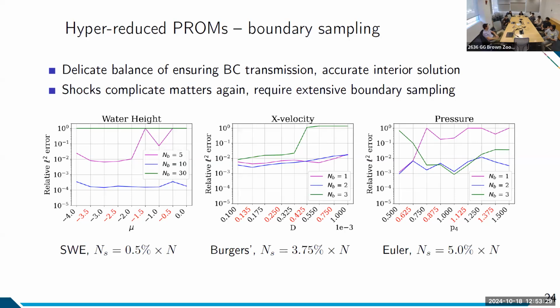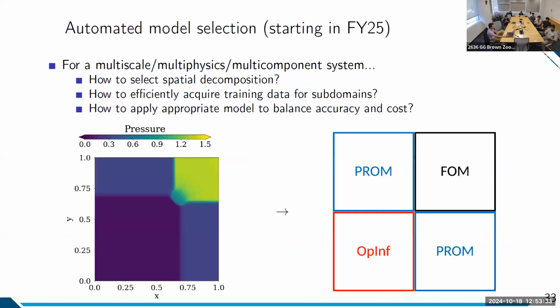I had a question. If you go back to your second last slide where you show the automated model selection. If you are trying to perform operator inference in that subdomain, wouldn't you still need solutions over the entire monolithic domain first in order to compute the POD basis? To train your POD basis, yes. Well, you don't need monolithic.